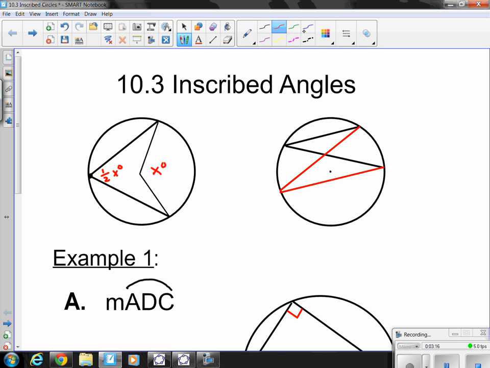So for example, in this one, if we call this arc x degrees, this angle here is 1/2 x degrees, and this angle here is 1/2 x degrees. Congruent angles. Those two angles are going to have the same measure.